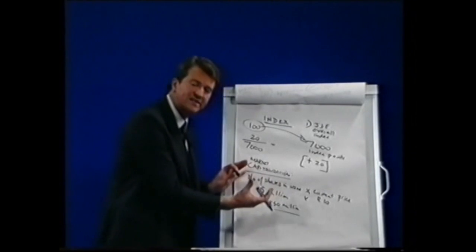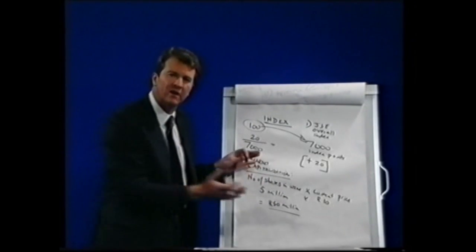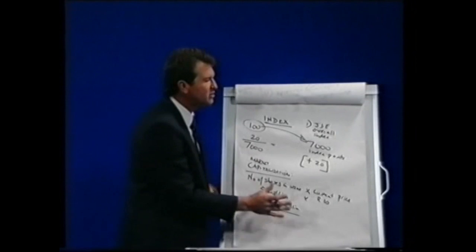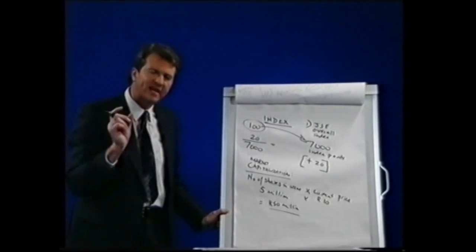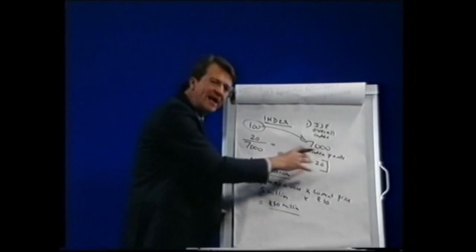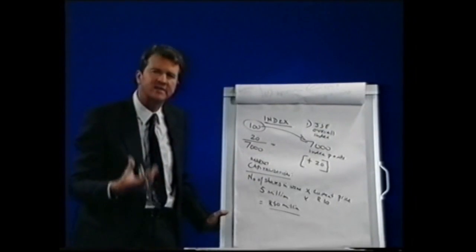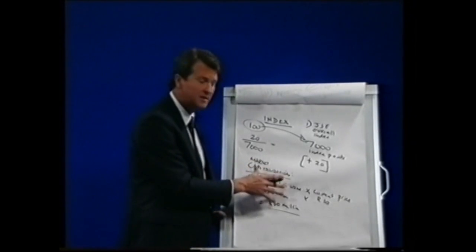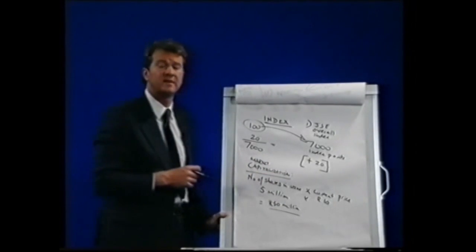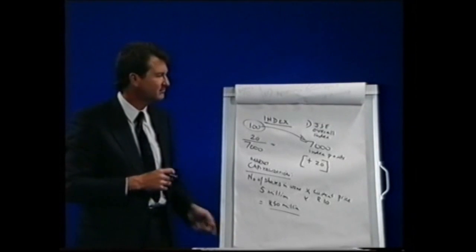Because De Beers is worth twice as much in terms of its existing value than what Val Reefs is, and therefore it should contribute twice as much to the calculation of that index. So that's why we say that that index is weighted according to the size of the various companies, and the size of those companies is determined according to what is known as their market capitalization.